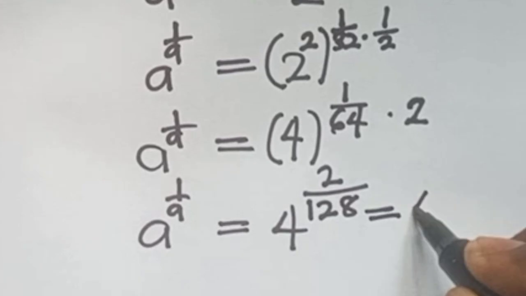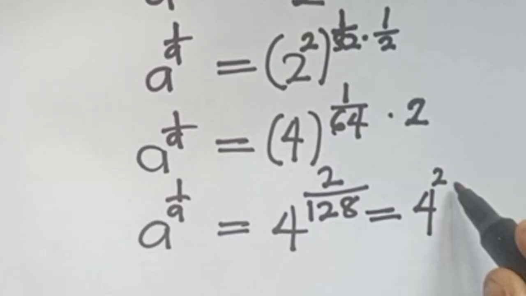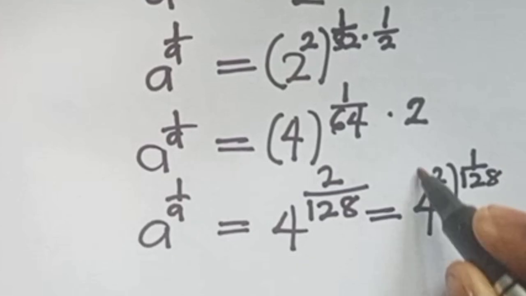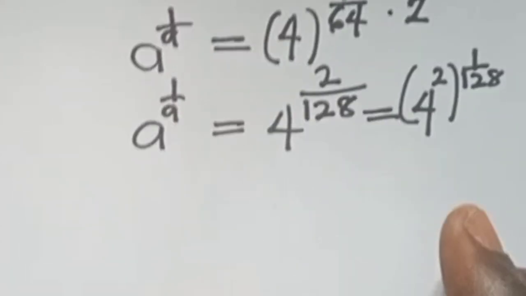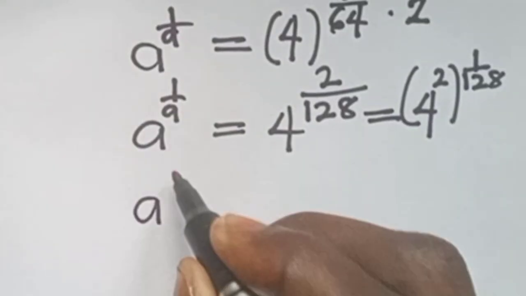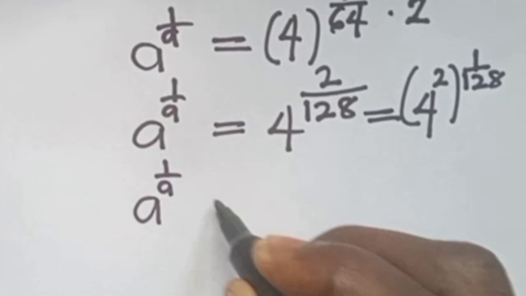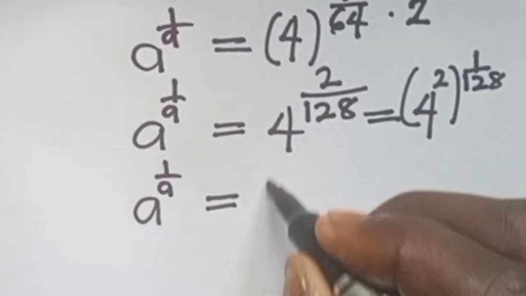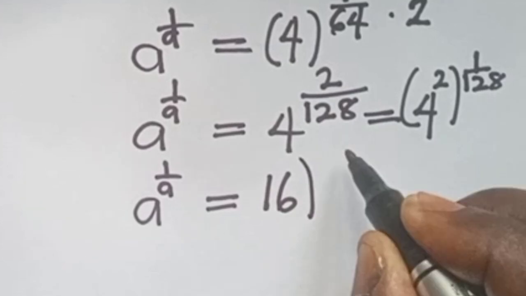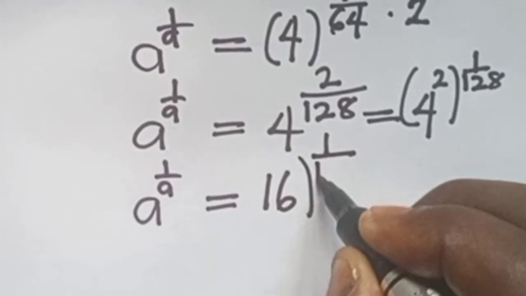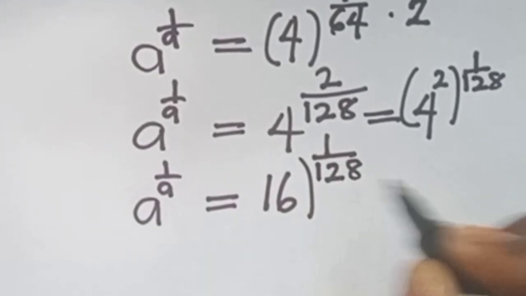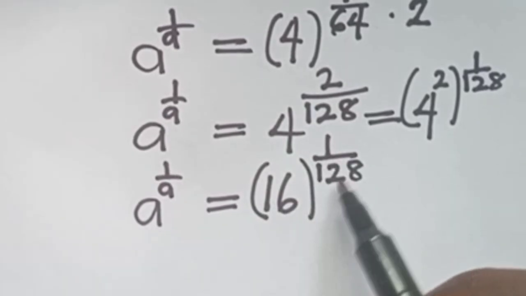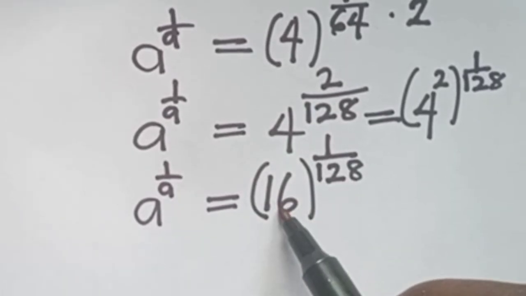Again, this also equals 4 to the power of 2 to the power of 1 all over 128. And a to the power of 1 over a is equal to 4 to the power of 2, that is 16, to the power of 1 all over 128. We're going to continue on this until the denominator of the power is the same as the base.